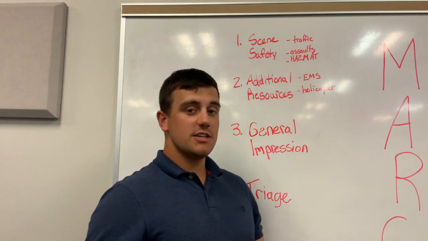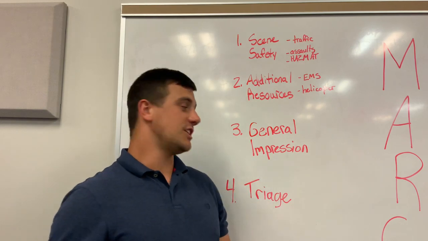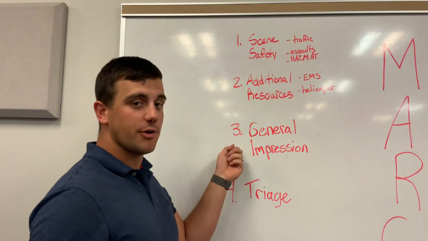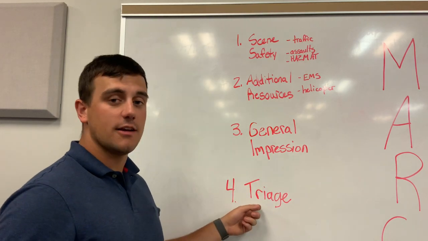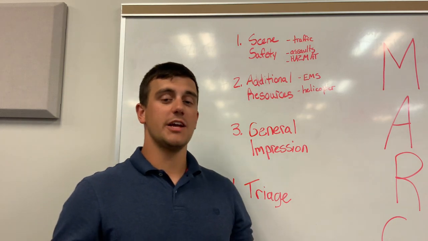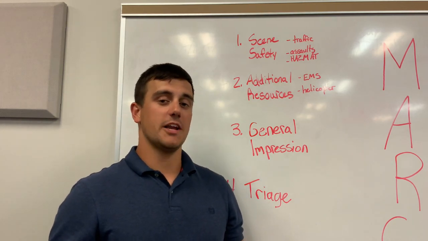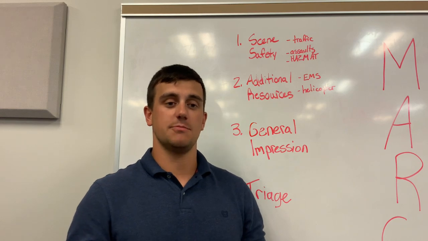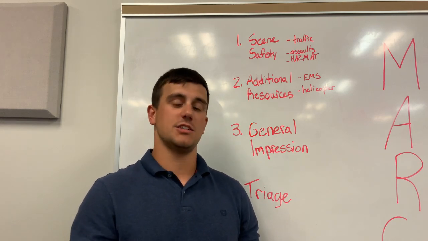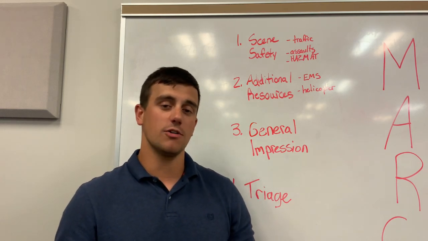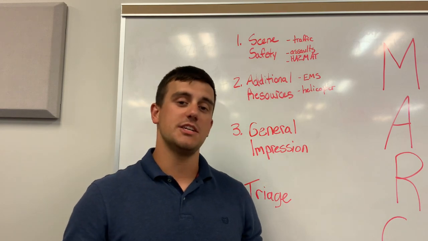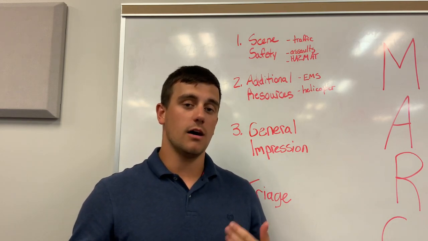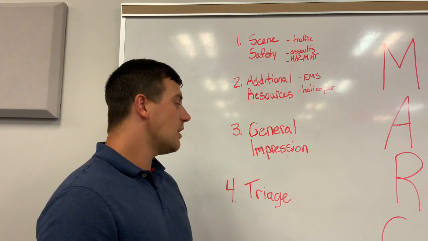Now, as we move into actually getting eyes on our scene and we gather our general impression, based off of that, is this going to be some kind of triage consideration? Are we going to need to grab our smart triage kit out of our ambulance and begin triaging these patients and directing any additional resources that we may have called to the scene to different patients on the scene of our patient trauma?